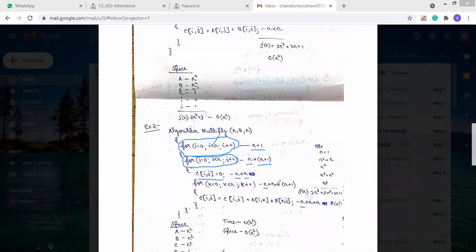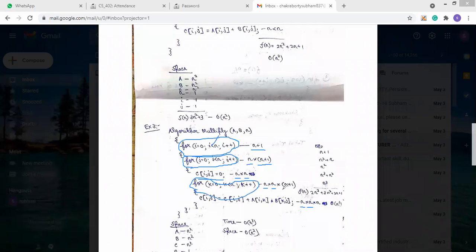This is also inside this loop, so it will be executed n times. This statement will also be inside this loop, so it is executed n times. After that, this loop is considered.